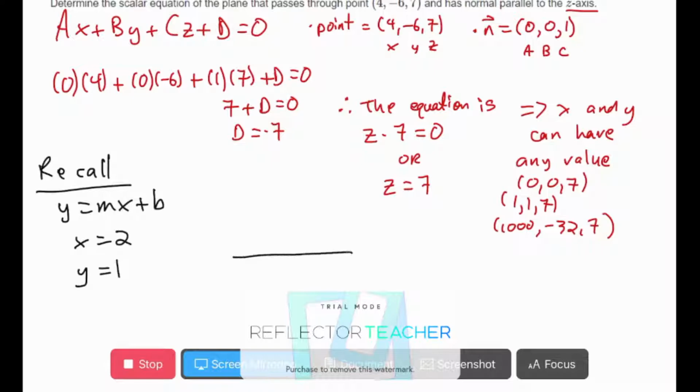So if we have our x and our y-axis and we have x equals 2, we can have any possible value for y that we want as long as x equals 2. Or if we have y equal to 1, I can have a line with any possible x value I want as long as y is equal to 1.